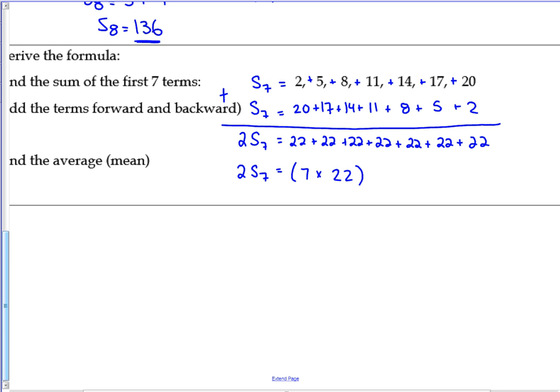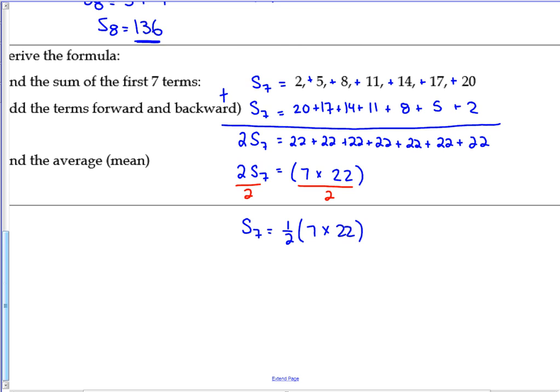How do I get rid of the 2? Divide both sides by 2. Okay, so I'm just going to rewrite this here. S7 is equal to, instead of 7 times 22 divided by 2, we could also write that as 1/2 times 7 times 22. Times by half is the same as dividing by 2.